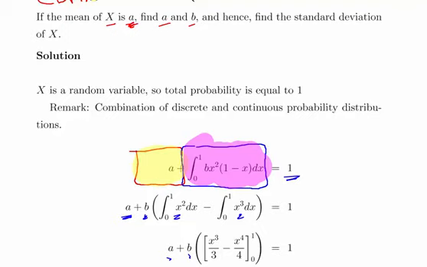So that's the discrete part, and this is the continuous part, and altogether they make one overall probability distribution, which will have a total probability of 1. That's really what to keep in mind. Just break it up into two parts and do what you should be able to do for both sub-components. Piece it together and then build it all up into one piece. Okay, we'll leave it there.